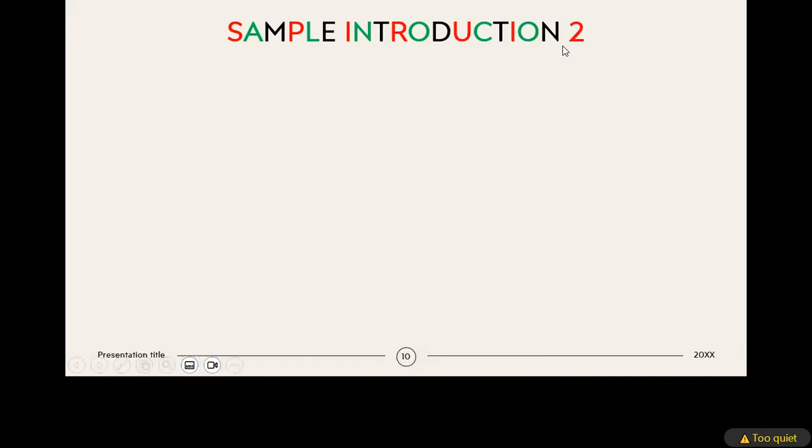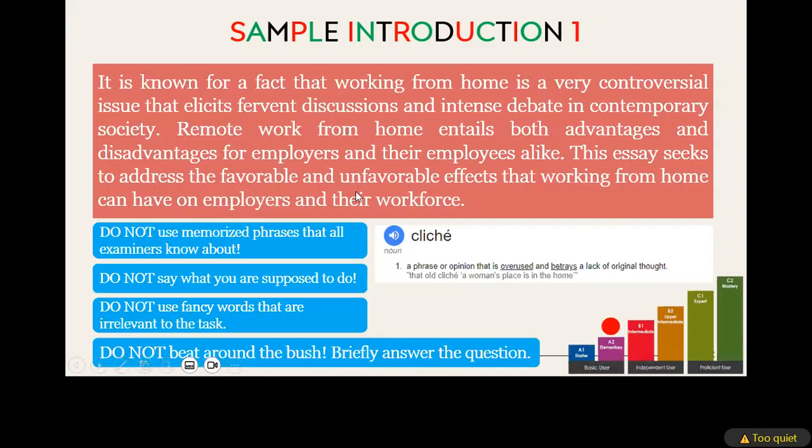Now this is sample introduction number 2. Just to tell you, this one is the CEFR, which is what we mark by. Your marks come from this: A1 is the weakest, then A2, B1, B2, C1, C2. Now an introduction like this one, if I am very generous as an examiner, I will give you A2. Wallah, you do not deserve it. I will give A1 because this is not you.